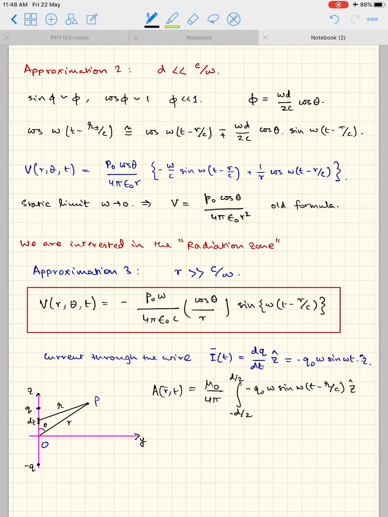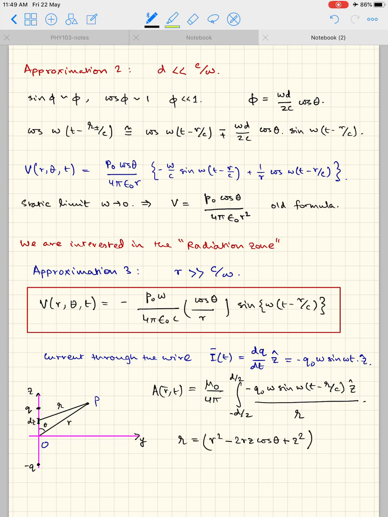This is z cap by curly r, right? And this is the approximation, where curly r is given by the square root of r squared minus twice r z cos theta plus z squared.